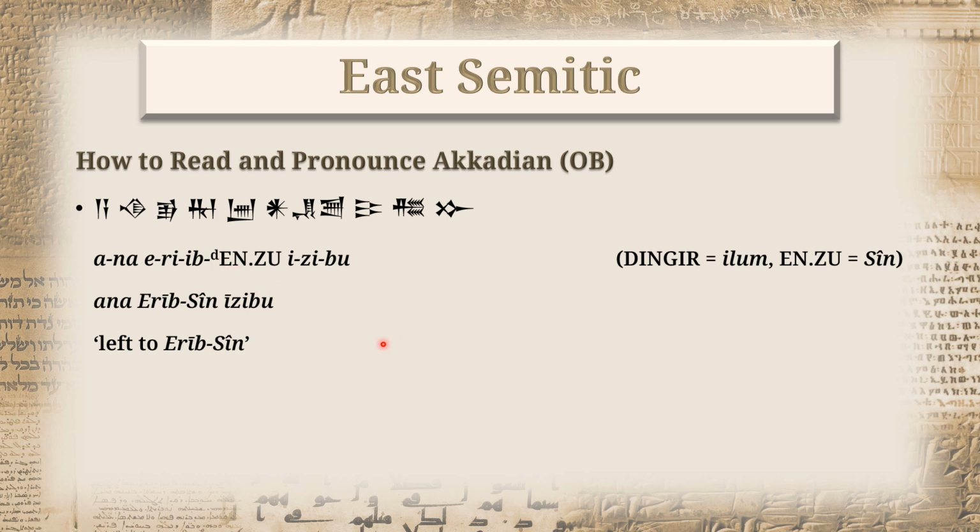So he left that slave, that female slave, to Erib Tzin, and it was like an inheritance. So these lines are the beginning of a lawsuit protocol that has to do with inheritance concerning that slave. Okay, Anna Erib Tzin idzibu. And that's how you read Akkadian. Now let's go on to the exact pronunciation of those signs.